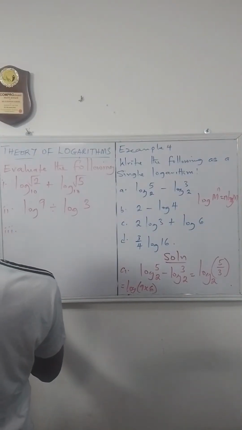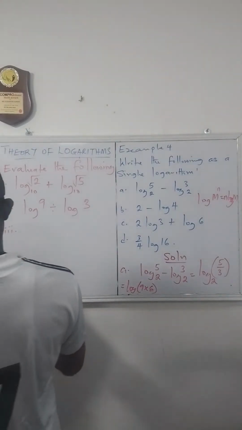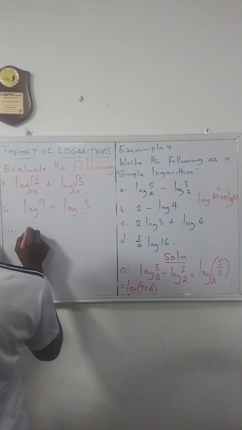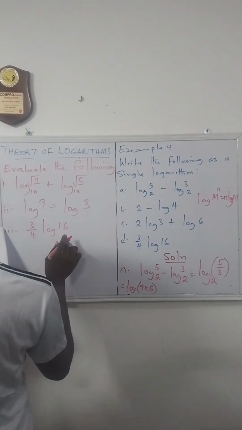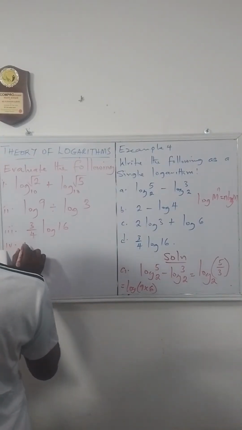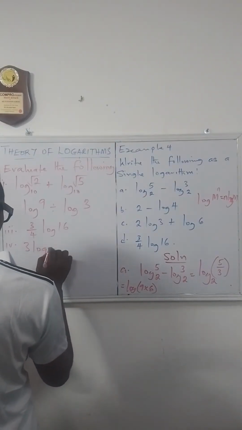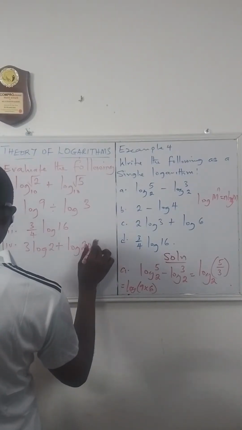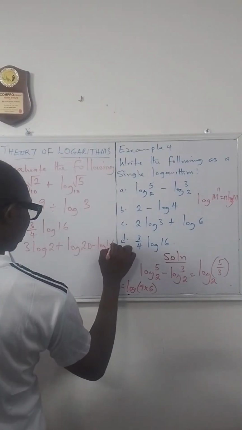The third one, three over 4 log 16. 3 log 2 plus log 20 minus log 1.6.